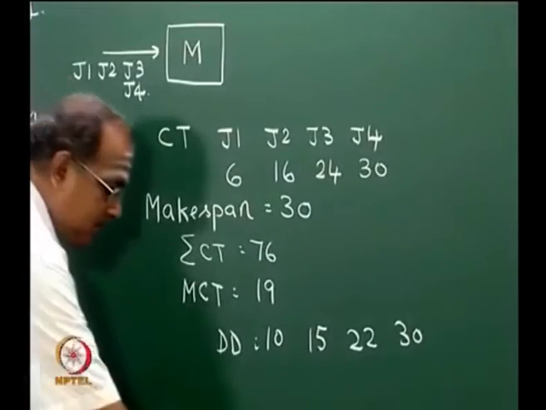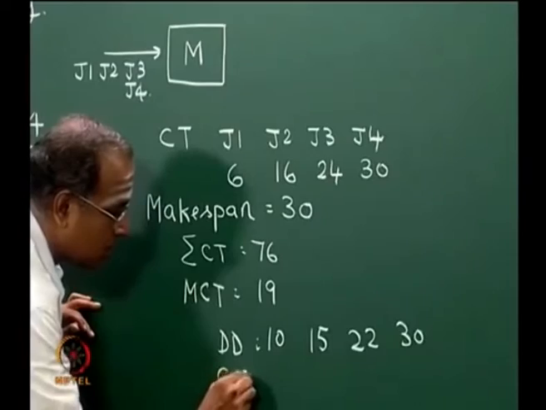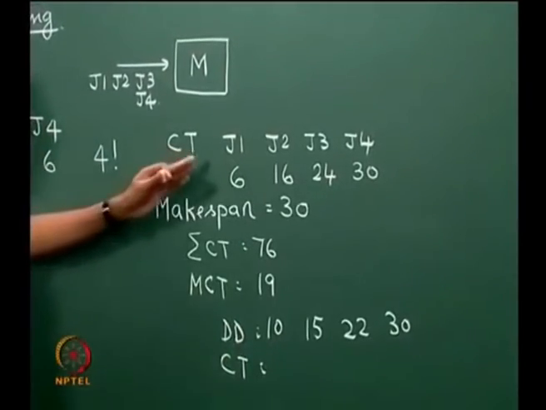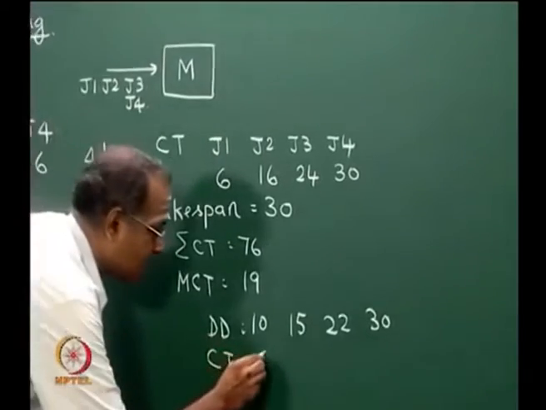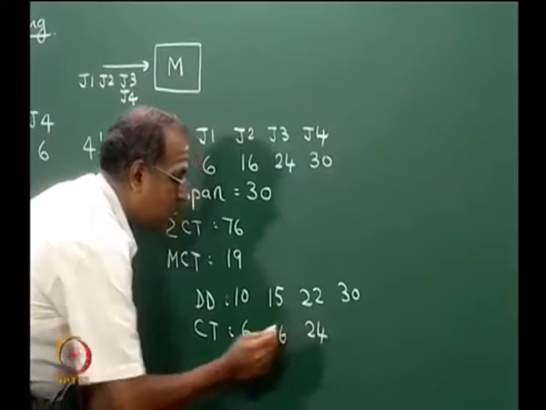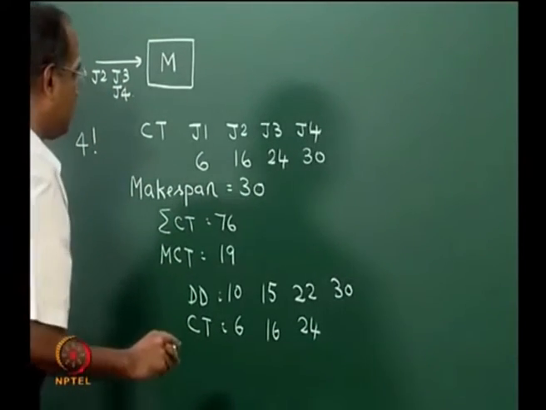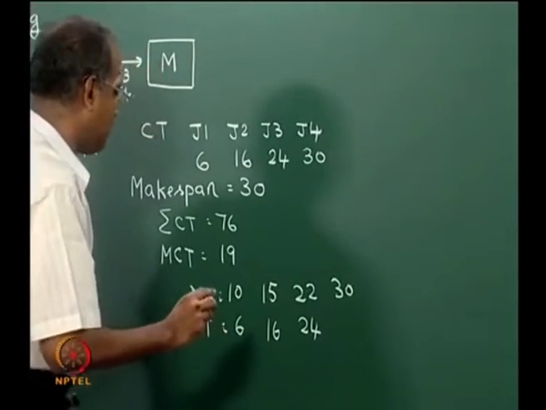So, if we follow the sequence J1, J2, J3 and J4, the completion times are 6, 16, 24 and 30.